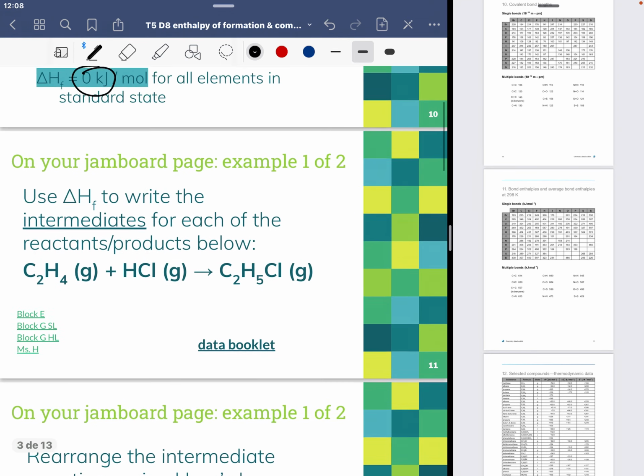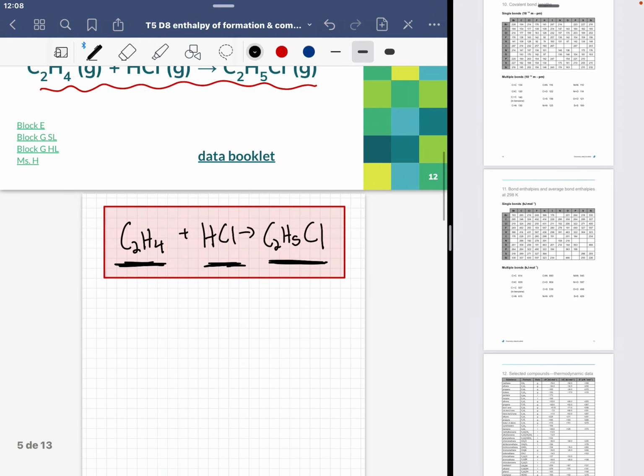So in this case, I'm starting with formation. I'm going to use the delta H formation for each reactant and product molecule to find delta H for this overall reaction.